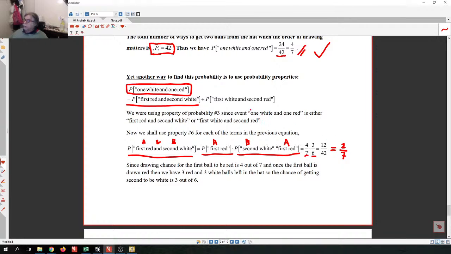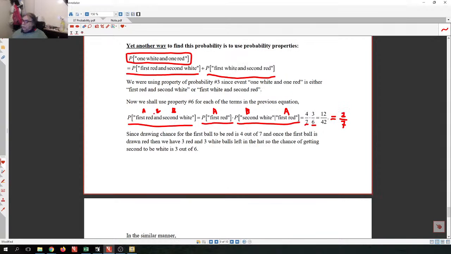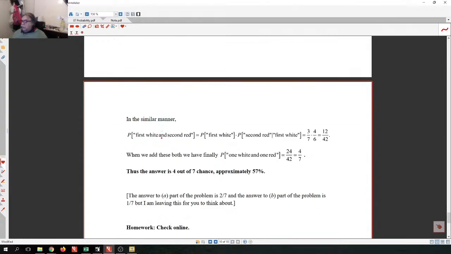Okay, I only calculated this probability here. Now I need to calculate the second probability. First white and the second red. What's the chance to get a first white and a second red? I'm going to use the same logic again. First white and second red.